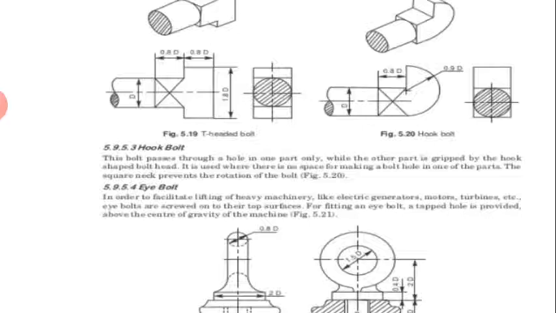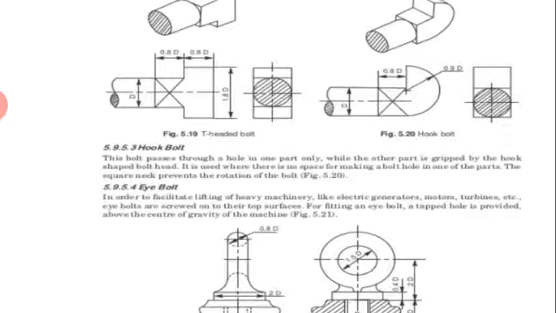draw a reference line, mark 20 mm, that is 10 mm above the reference line and 10 mm below the reference line. Extend these lines. Now mark 36 mm with respect to this 20 mm diameter area up to a distance of 0.8 D, 16 mm.